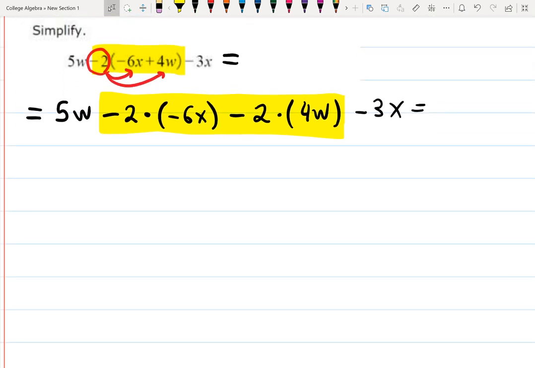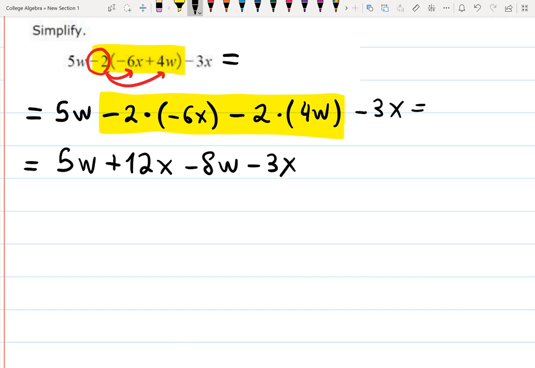Now, let's simplify first before finding common terms to merge together. 5w minus 2 times minus 6x is plus 12x. Minus 2 times 4w is minus 8w and minus 3x. Let's underline 5w and minus 8w can go together.